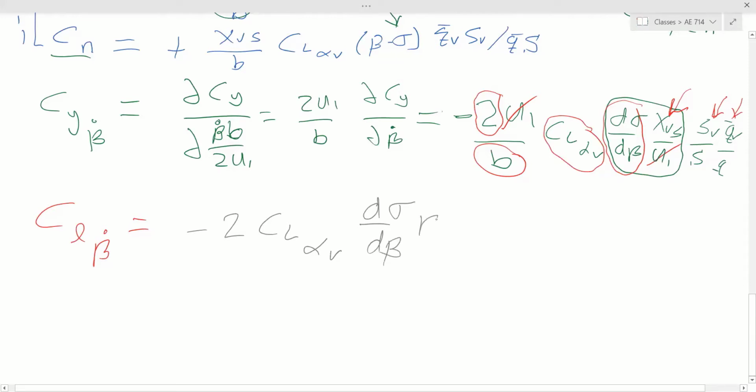And often we get tired, remember, of writing Q bar V over Q, so you write that as eta V. And here's where the vertical moment arm comes in.